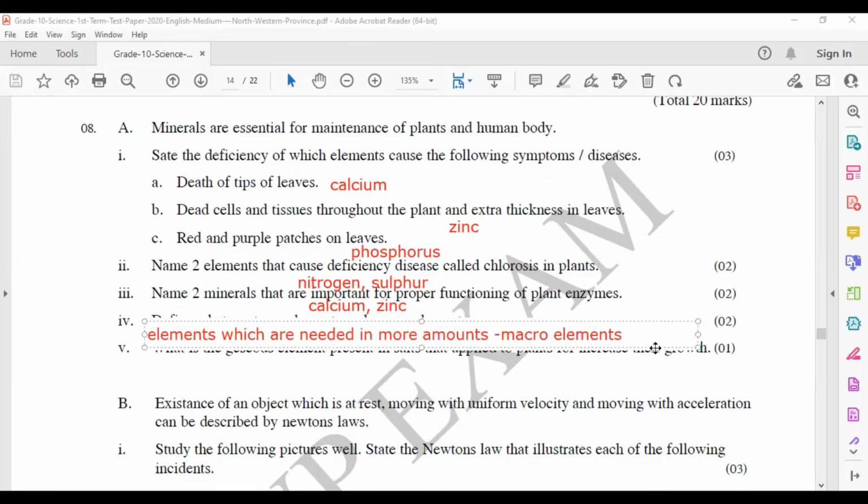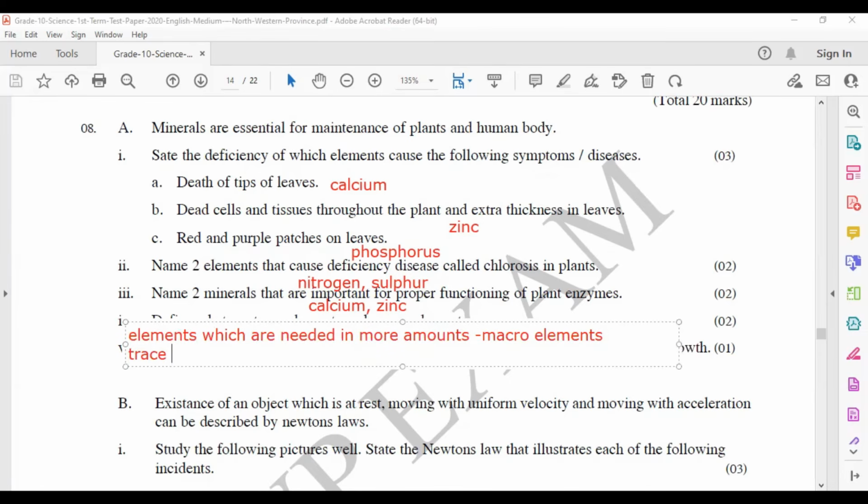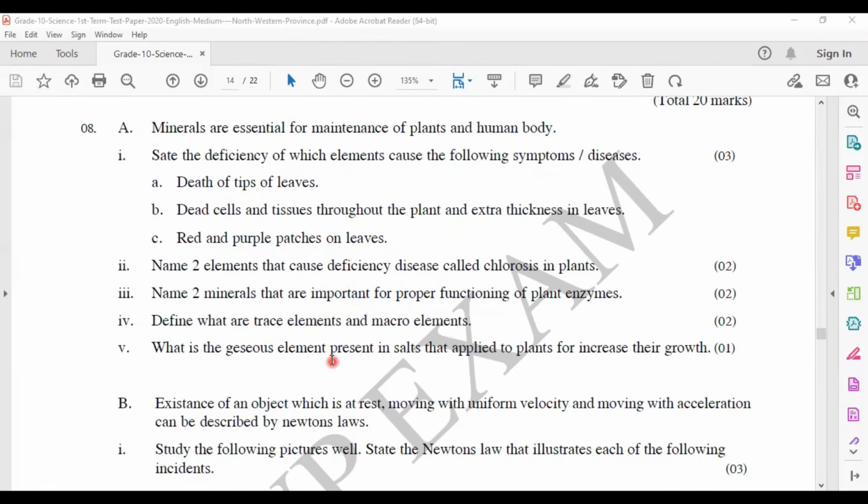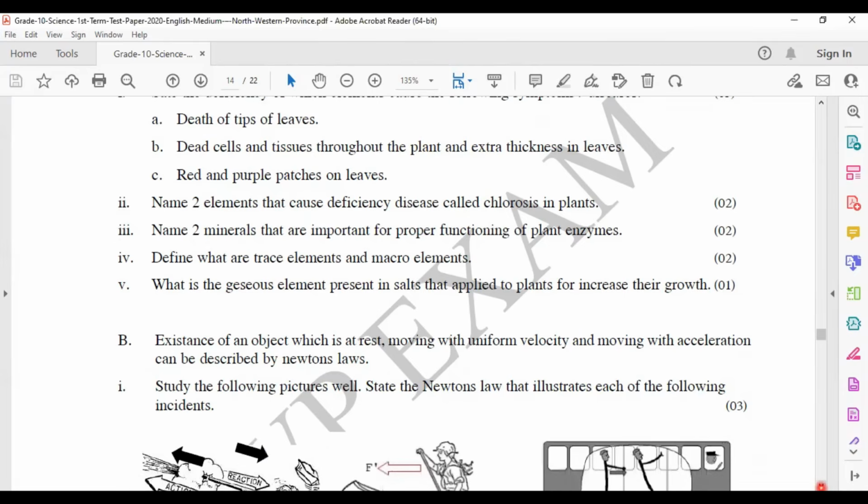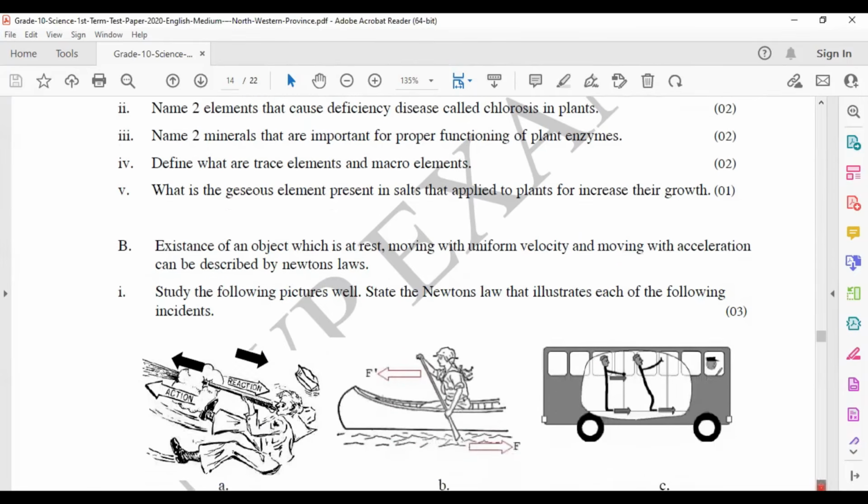Trace elements are the elements required in less amount. Fifth one, what is the gaseous element present in salt that is applied to plants to increase their growth? Answer is nitrogen.